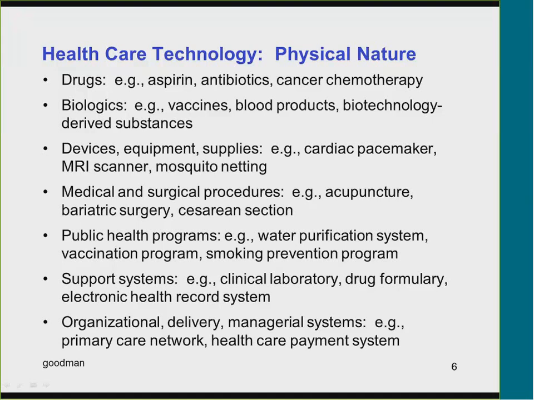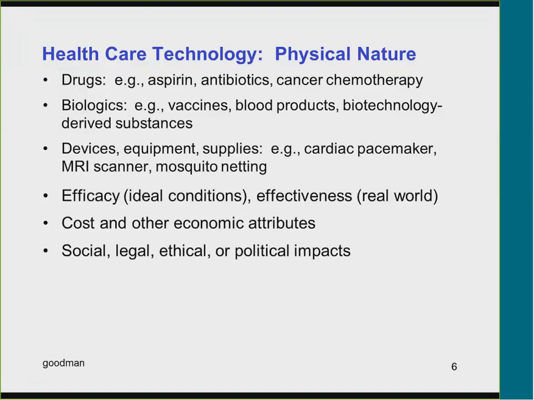Indeed, it can involve public health programs, whether it's water purification or smoking prevention, support systems, a clinical laboratory, even electronic health record system, and even how we organize, deliver, and manage systems in healthcare. These are all types of technology, and the use of TA methods and approaches can apply in various forms across a very broad spectrum of technology.